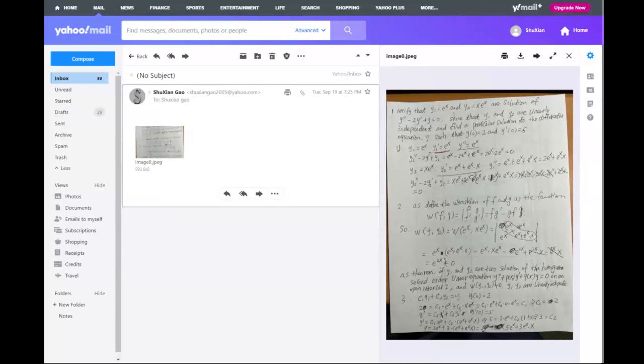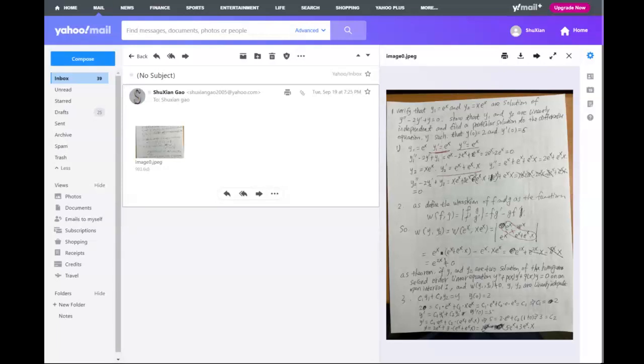So we plug into the equation y double prime minus 2y prime plus y equals 0: e to the x minus 2e to the x plus e to the x, which is 2e to the x minus 2e to the x, equals 0. So y1 is a solution.